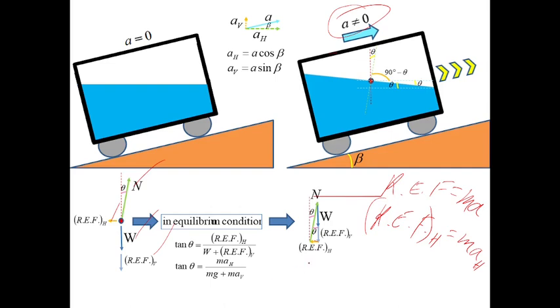Ganun din naman sa vertical, MAV. Weight natin ay mg. Okay? So, pinapakita ko yung derivation, no? Para in case na makalimutan nyo yung formula, at least alam nyo paano i-derive.